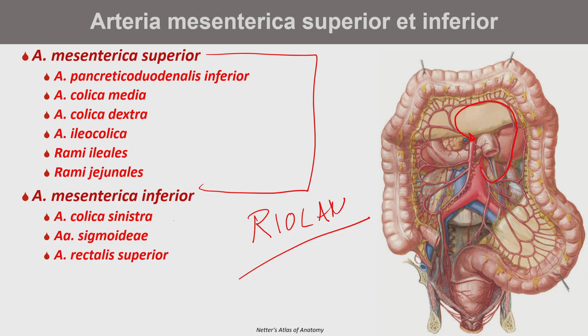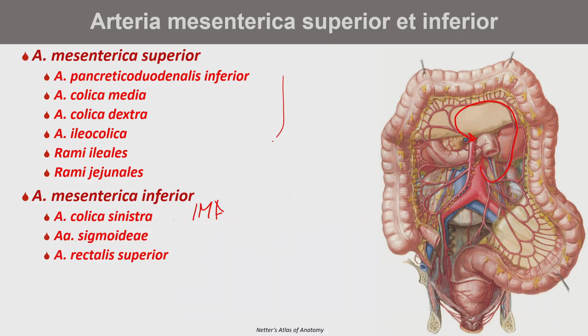It could be occluded due to some stenosis, thrombosis, dissection, etc., but we also could sacrifice the inferior mesenteric artery in situations when the patient has an aneurysm. Aneurysm of the abdominal aorta could look like here.